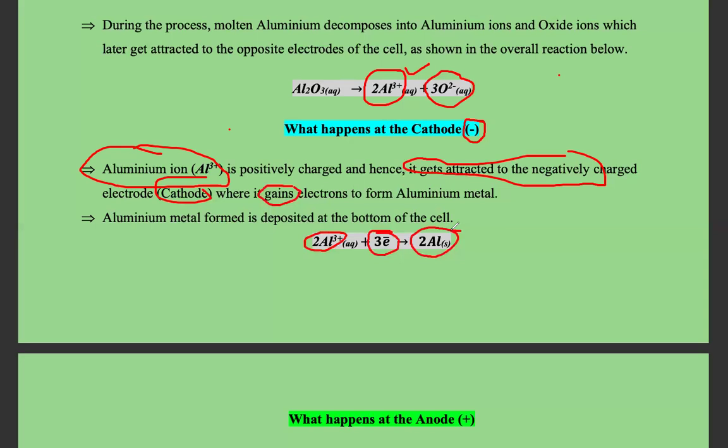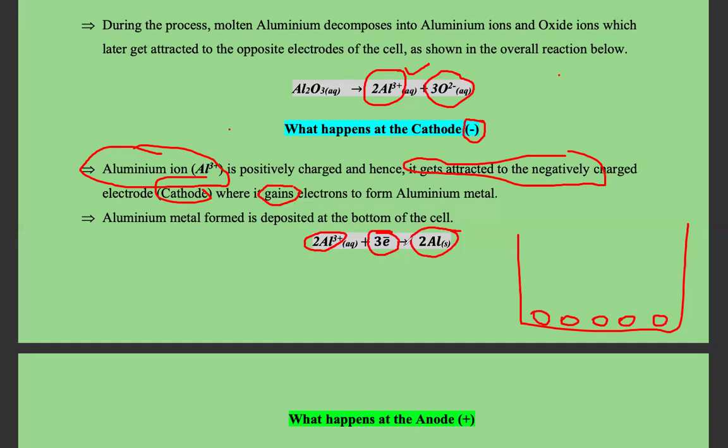Now remember, this metal is within the solution. So what do we expect? We expect it to sit at the bottom of the cell. You get the point? So the ones that are sitting at the bottom there are not aluminium ions, but aluminium metal after gaining electrons from a negatively charged electrode, which is the cathode.